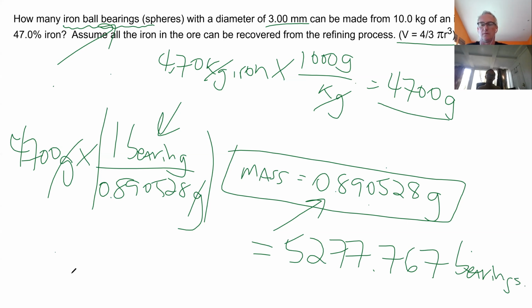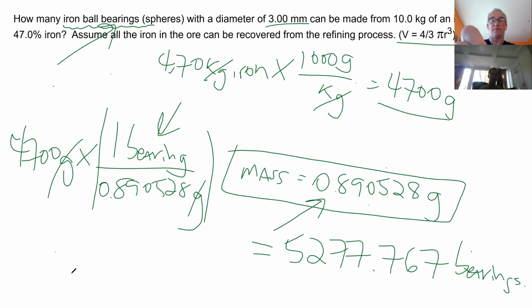Do we truncate the 767? Not yet. We have to go back and see how many significant digits we should be reporting this answer in. We go back to the question, and since we did so many multiplications and divisions, and no addition, we should be limited by the least precise number given in all of our information at the beginning.